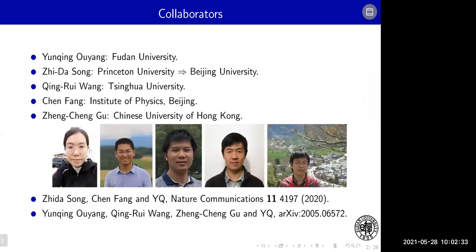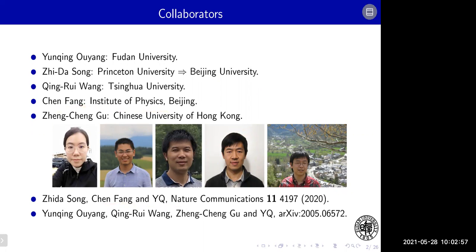So let me first thank my collaborators. I will primarily talk about 2 works. The first one is done with Zhida Song, who was a student of Professor Chen Fang when we were doing this work, but he's now coming back to China, to Beijing University to join their faculty, and also with Professor Chen Fang from IOP in Beijing.